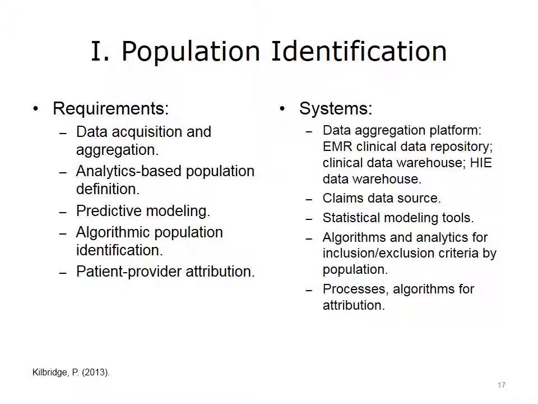We need analytics-based population definition and contracting, predictive modeling, algorithmic population identification, patient and provider attribution. We need to know who the providers are who are interacting with the patient. And oftentimes, the patient can have many different providers. And we'd like methodology to identify who those providers are and who's providing the majority of the care.